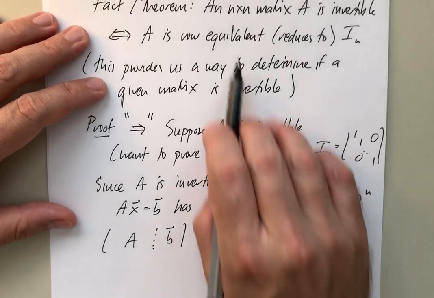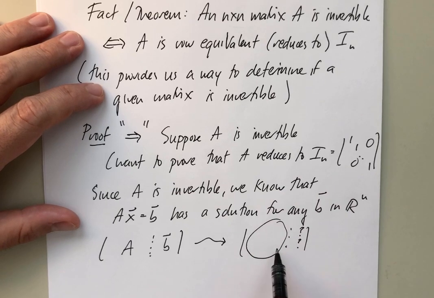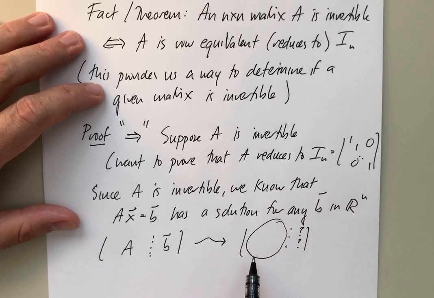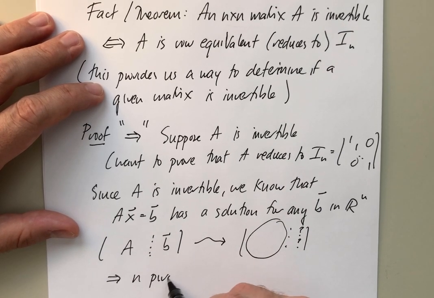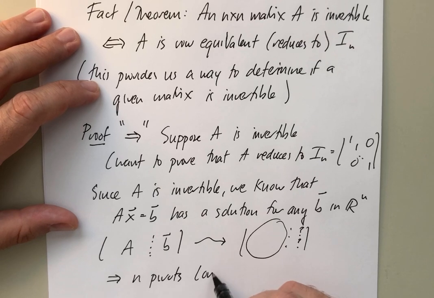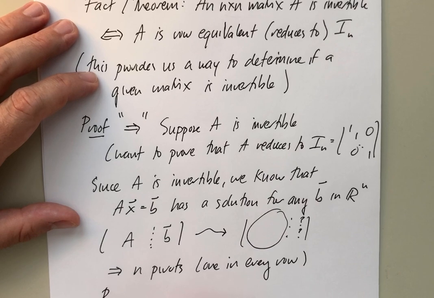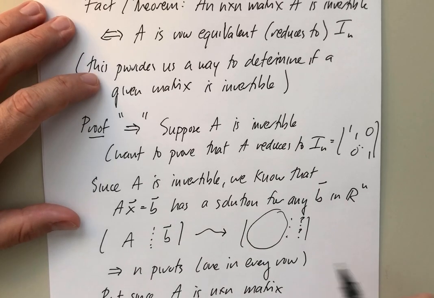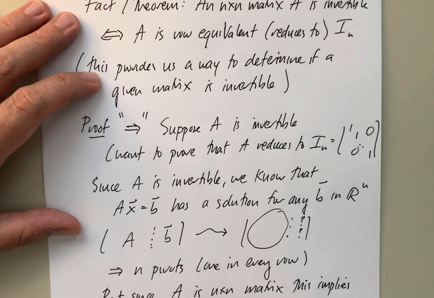But now what do we know? That this is an n by n matrix. So this part is n by n here, and I have a pivot in every row, but there's only n columns and n rows. So this is telling me that I have n pivots, one in every row. Okay, but since A is an n by n matrix, this implies that we know what the reduced echelon form is.